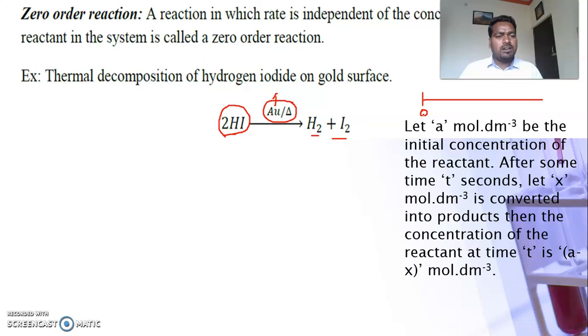So at t equal to 0, the concentration of reactant is A. Here A moles per dm cube is the initial concentration of the reactant, and after some time, for example, this reaction needs 60 minutes for completion. This reaction needs minimum 1 hour for completion.